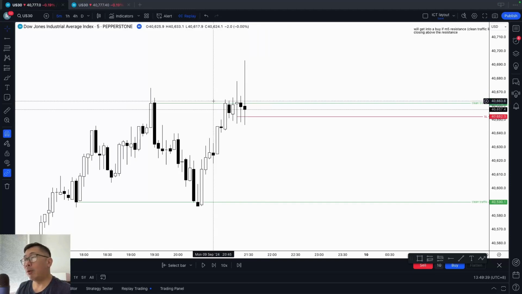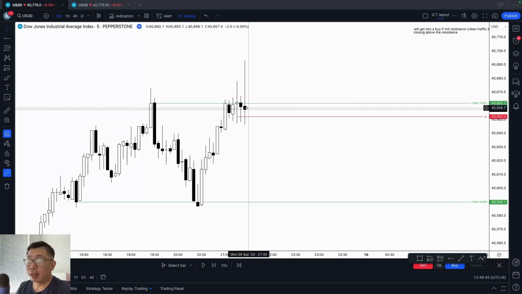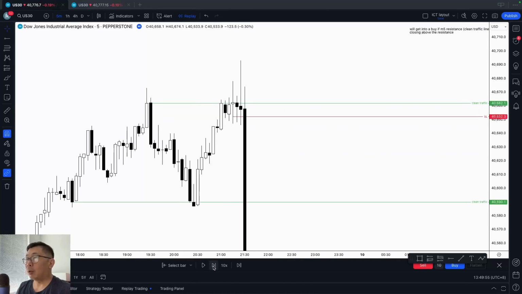Apparently as soon as I clicked the buy button, it quickly closed bearish. By the time I realized that, I got out manually. Price actually pushed all the way down, as you can see.